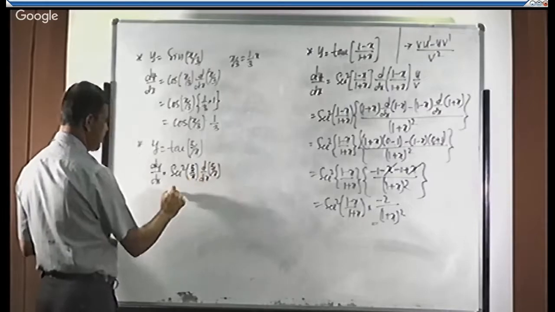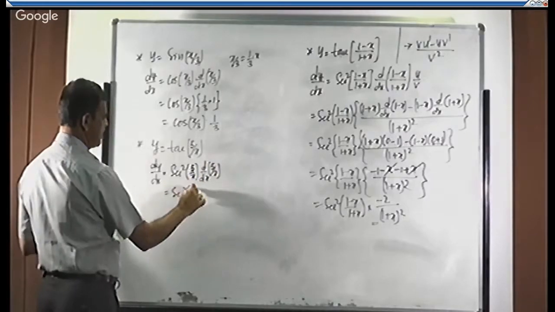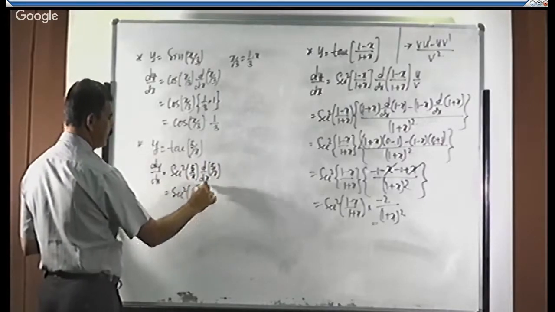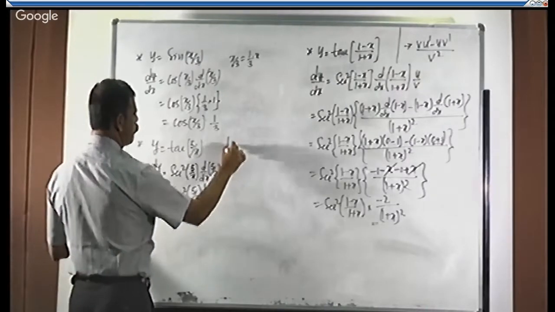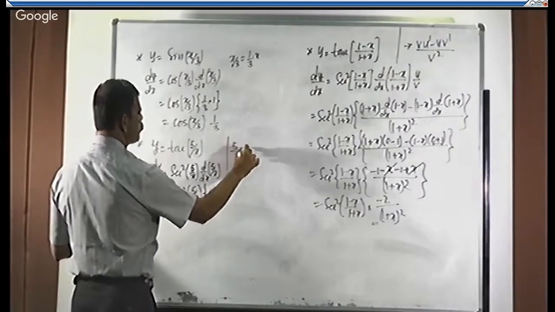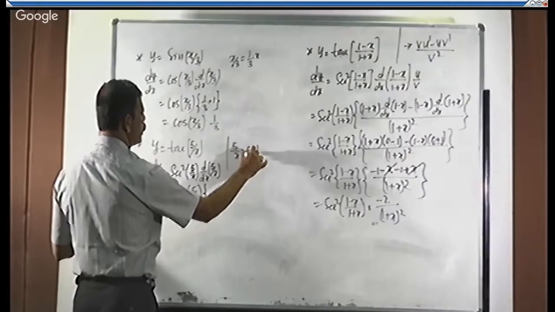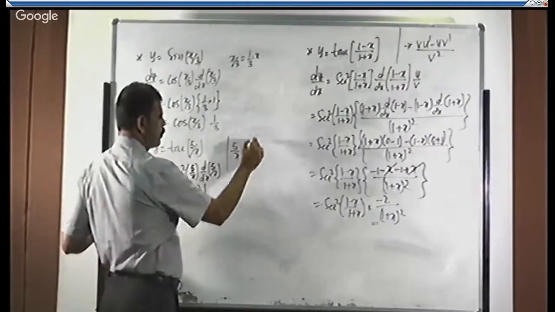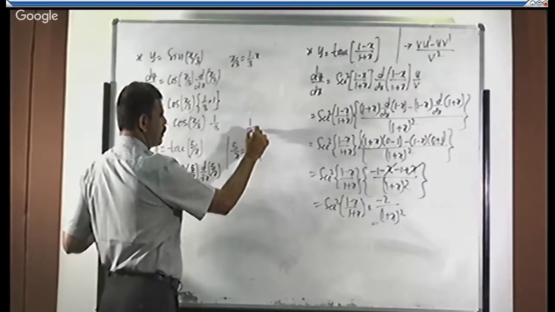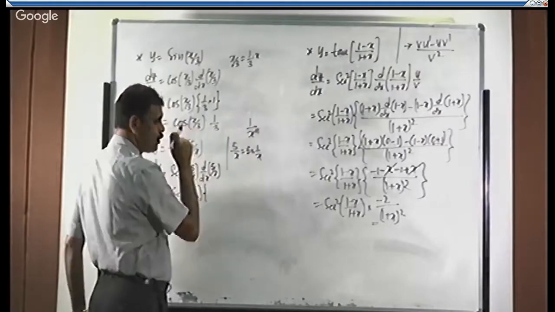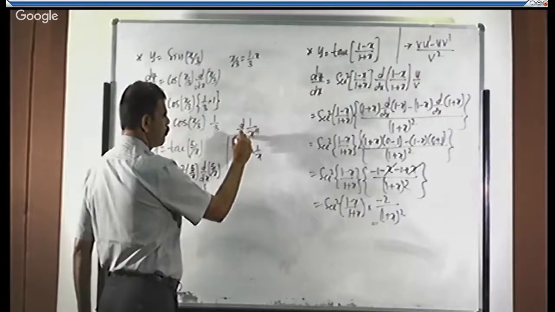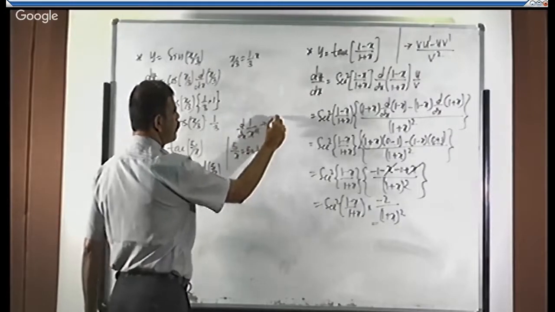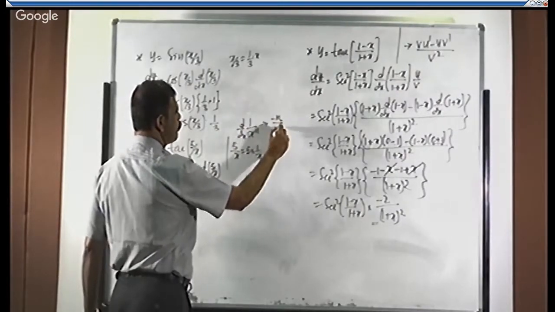How do you differentiate 5 by x? X is at the denominator, correct? 5 by x means 5 into 1 by x. What is differentiation of 1 by x? See, use this one. Function 1 by x to the power of n. Derivative of 1 by x to the power of n is minus n by x to the power of n plus 1.